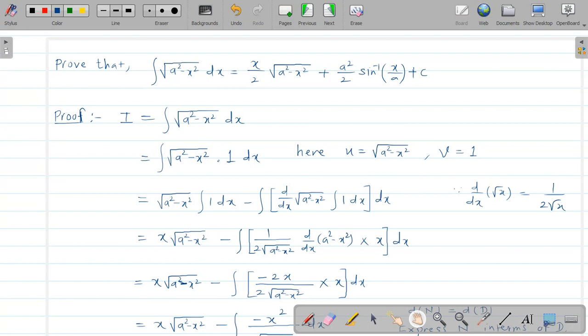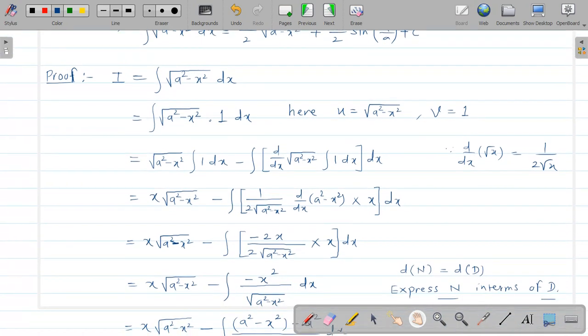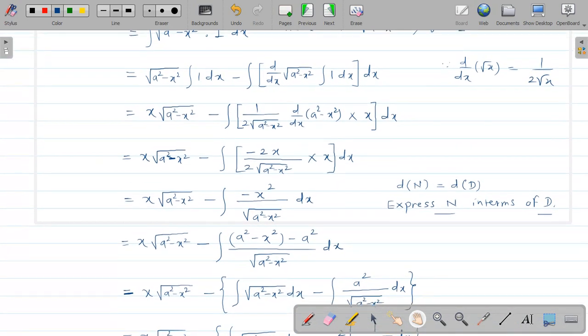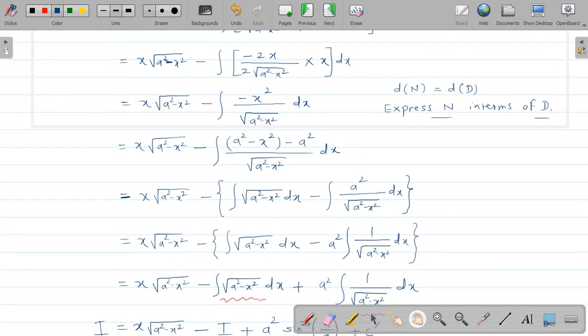The remaining two are also important, so try to solve them as homework, and all these are very important results in which we have to consider one as another function. So this is type number 2. See this carefully, all the steps which we have discussed today.